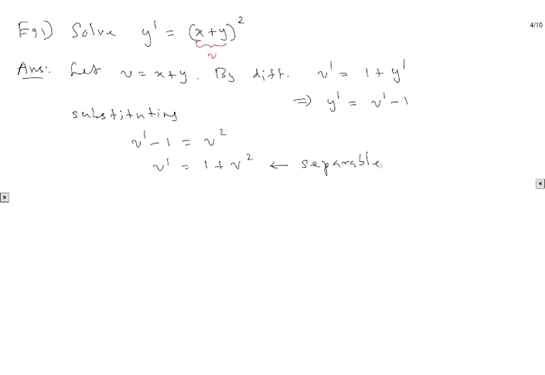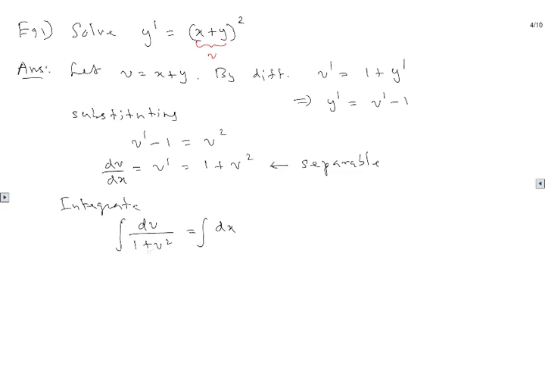So we can integrate the two sides, because you can write this one as dv over dx, so it's separable. Once you integrate, we can first rewrite as dv over 1 plus v squared, the other side is dx, so we can integrate the two sides.